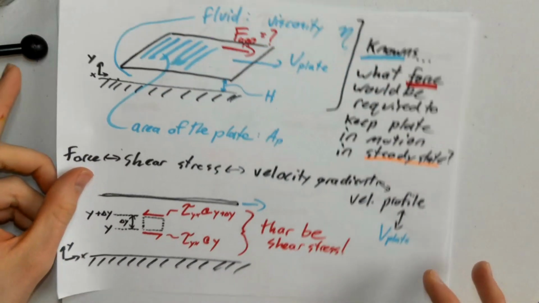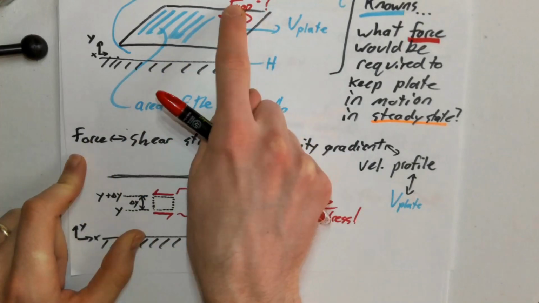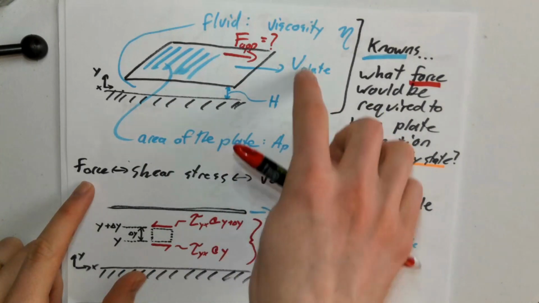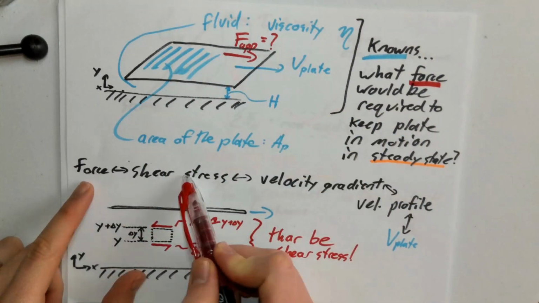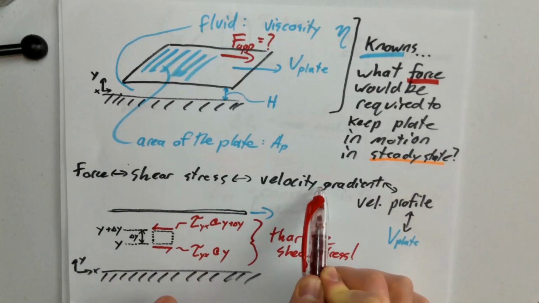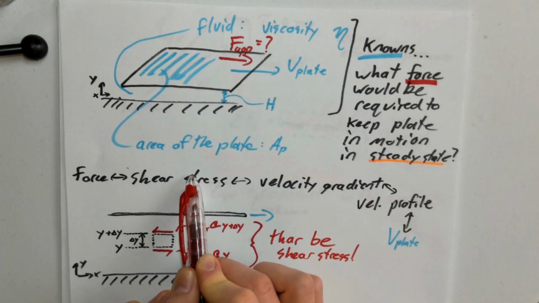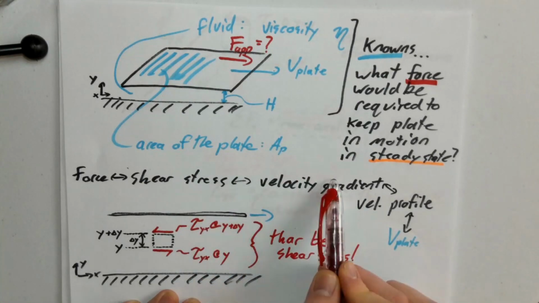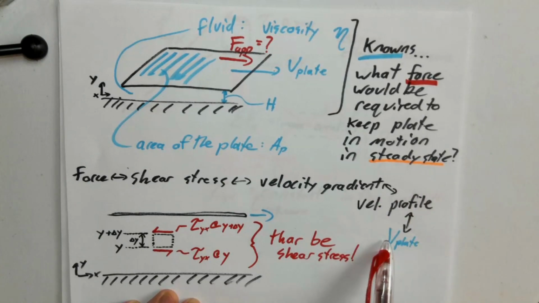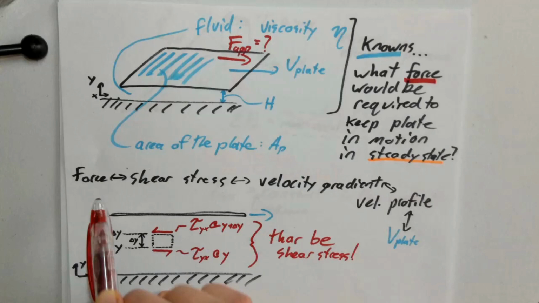Ultimately, we're trying to work out a relationship between our applied force and some other known parameters in this problem. Force is related to shear stress, and shear stress is related to velocity gradients. So if we can relate shear stress to velocity gradients to velocity profiles, and velocity profile to some known quantities, we'll then be able to work out all the information we need to deal with force.